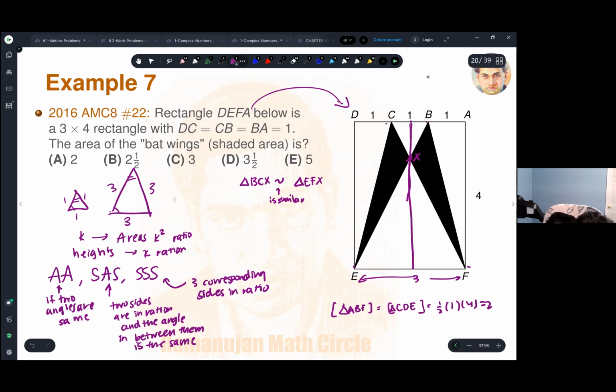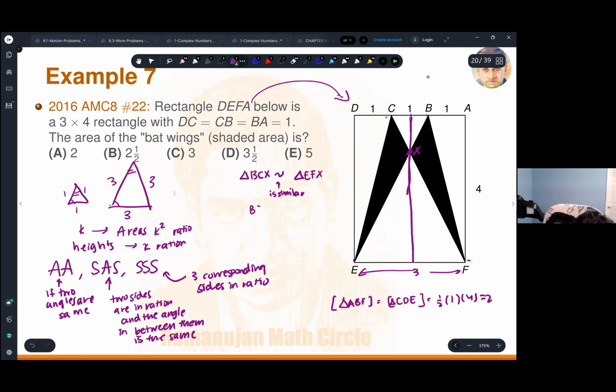So what this gives us is that BC over EF is equal to the height of triangle BCX over the height of triangle EFX. BC is equal to 1 and EF is equal to 3, so 1 over 3. So evidently this height is 1 and this height is 3 based on similar triangles. You could also just look at it and assume this is true, but similar triangles actually prove that to be true.